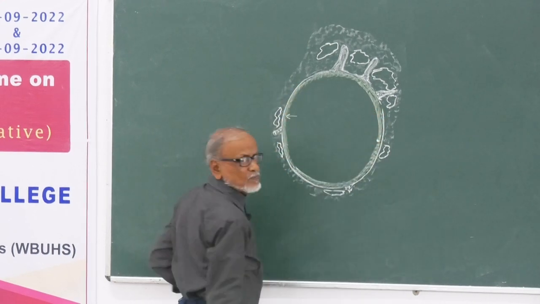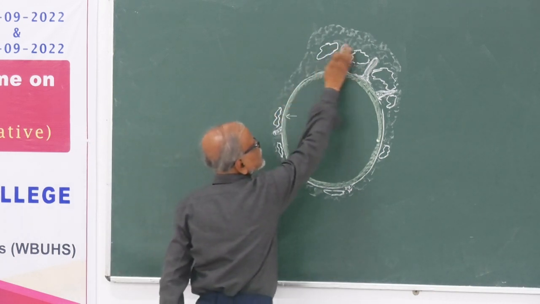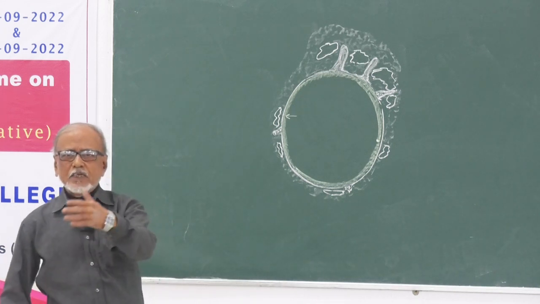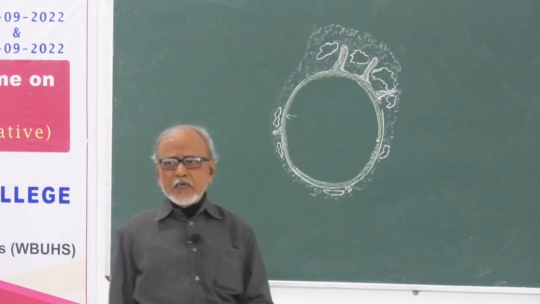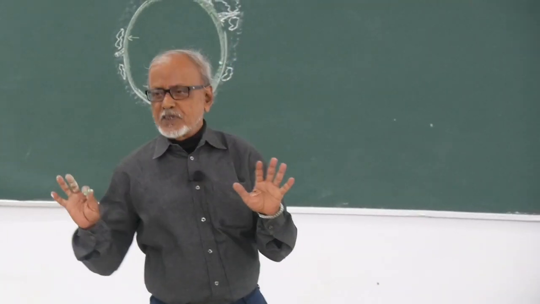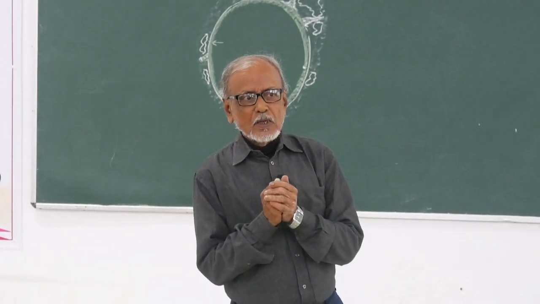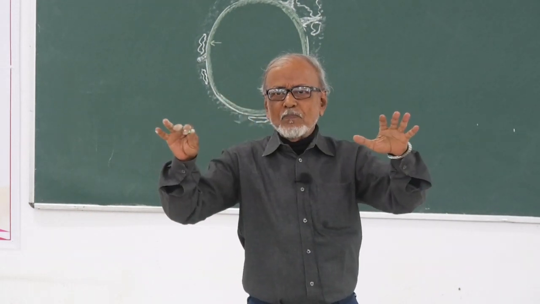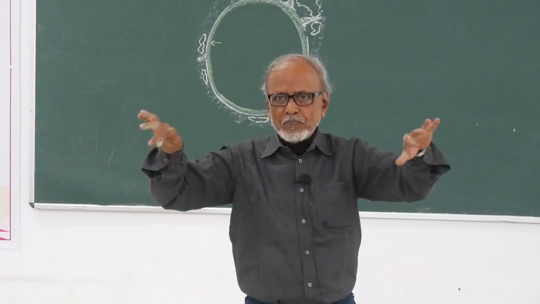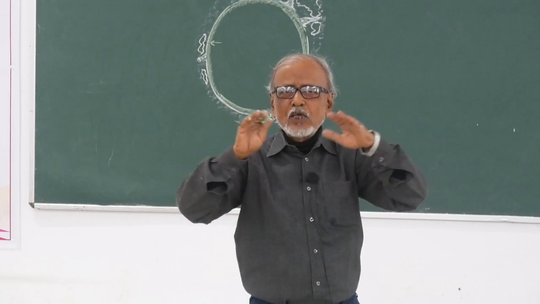Why have I drawn it like this? This part of the chorion, a little later, will look like a bush, small trees with branches sprouting from the stem.